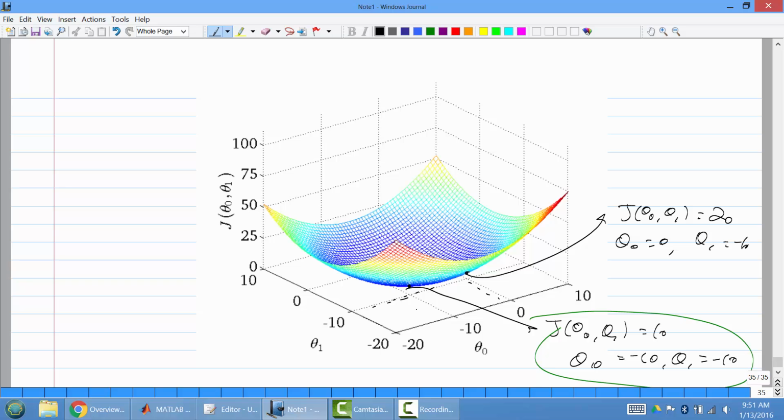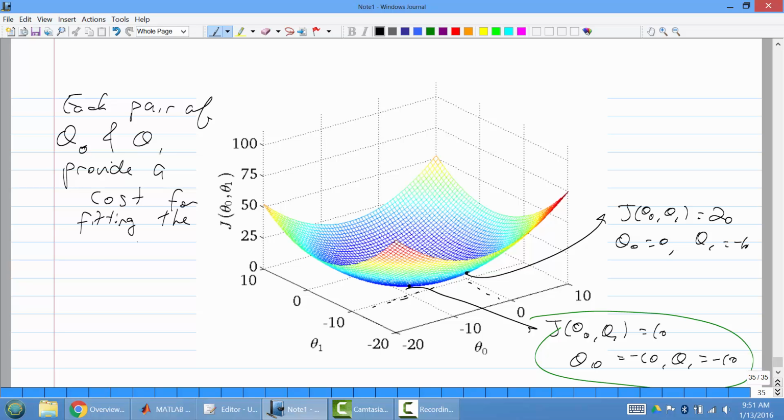So the goal here is to figure out where the minimum of the surface would be, so that it would give you the best parameters to fit your line, to fit your points. Okay? So each pair of theta 0 and theta 1 provides a cost for fitting the points, not the line.